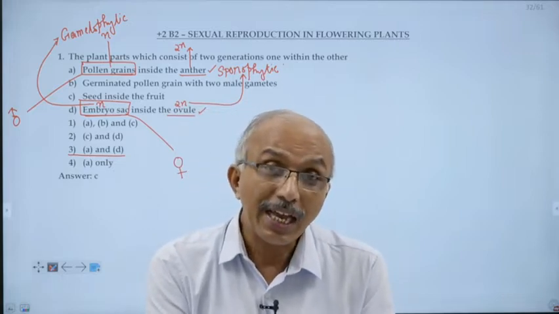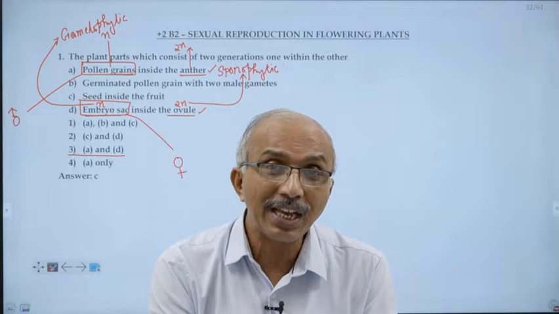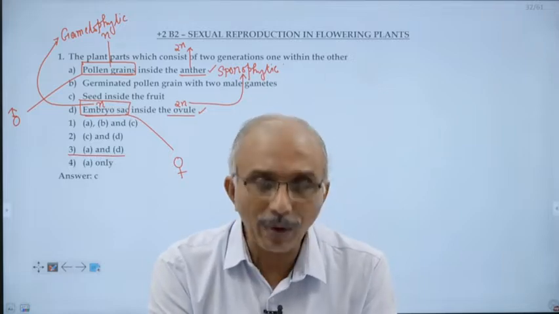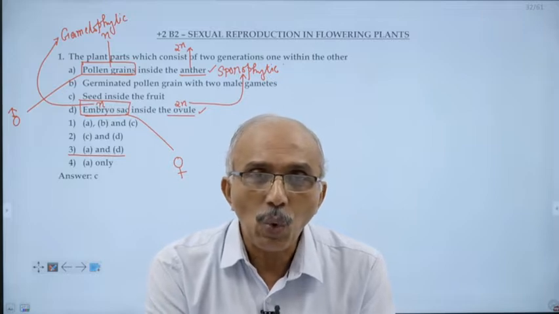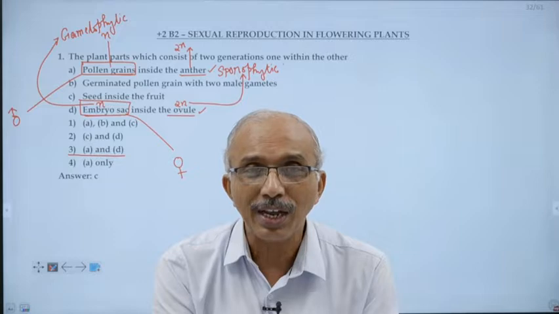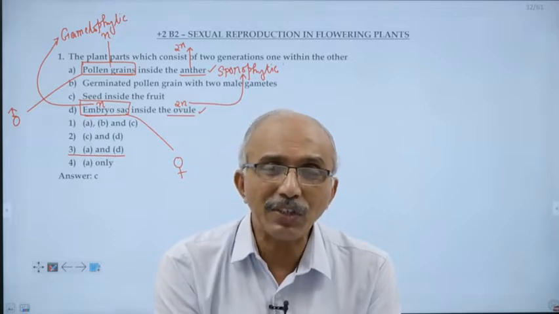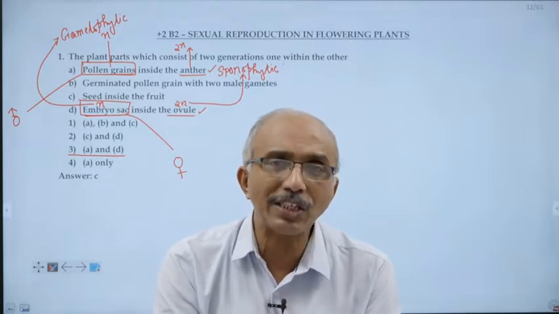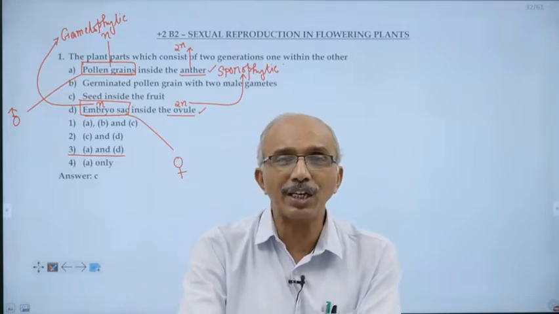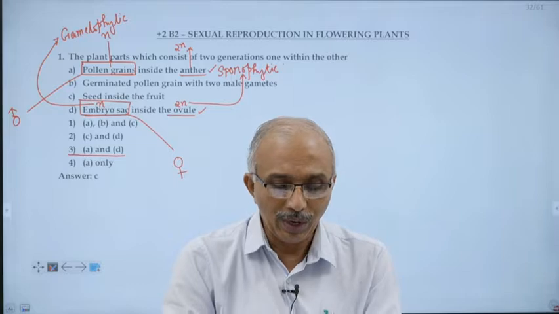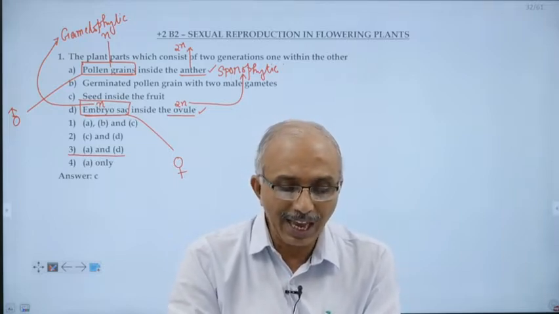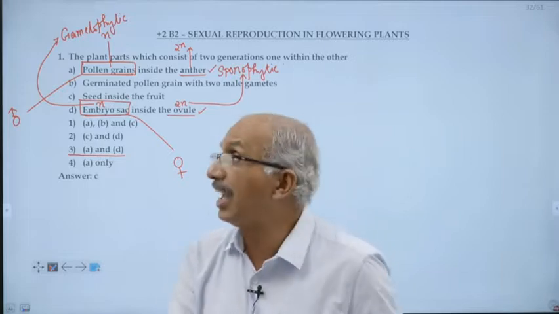See here, embryo sac is produced inside the ovule. So, one generation inside another generation. Embryo sac, which is a part of gametophytic generation, is inside the sporophytic generation, that is ovule. So the answer is option C, A and D.